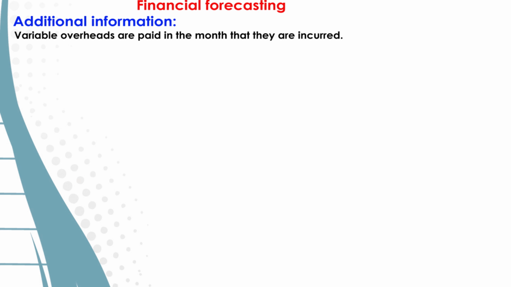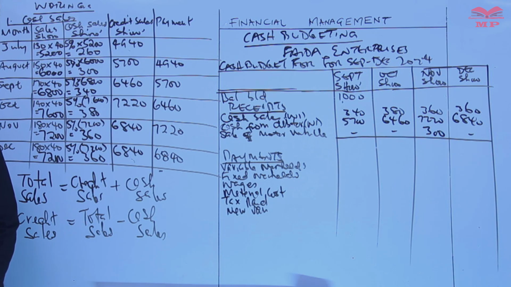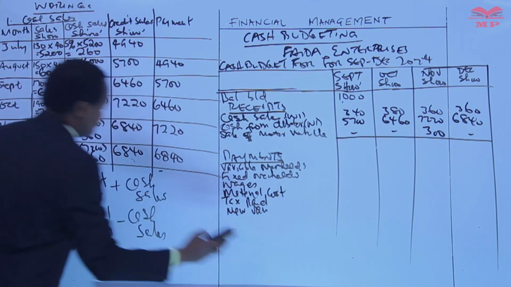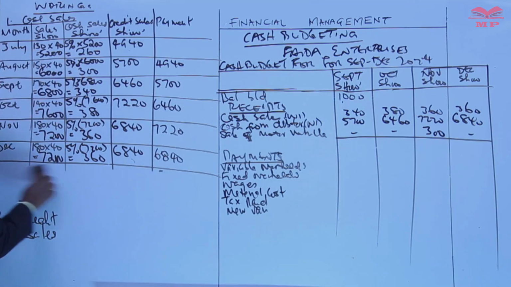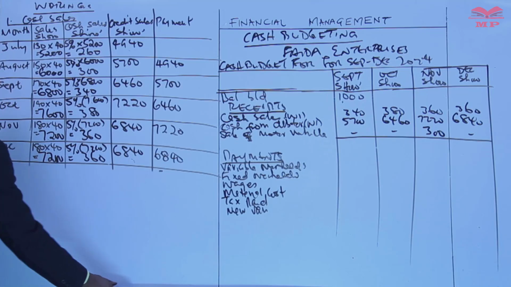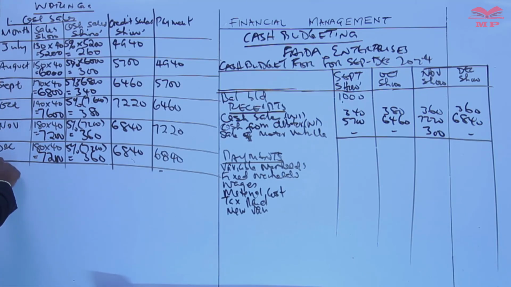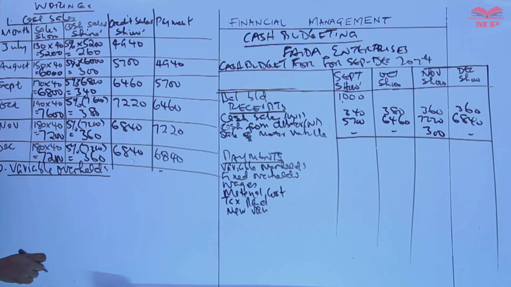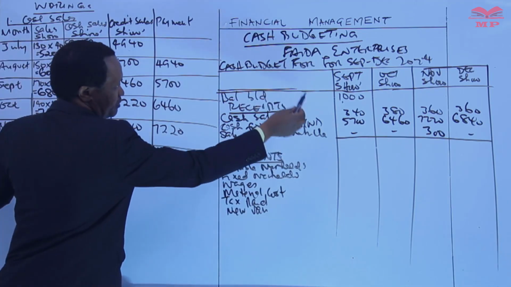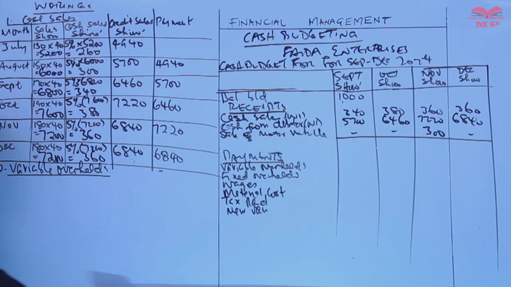So we'll have a working for variable overheads. Working 2. Variable overheads, and we are calculating variable overheads for the months of September, October, November, and December.